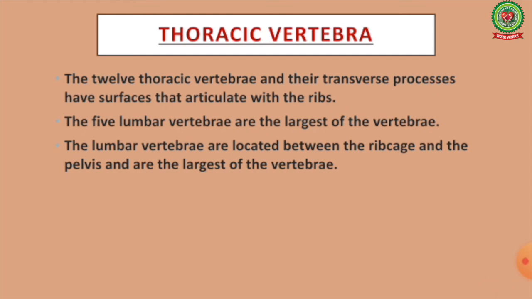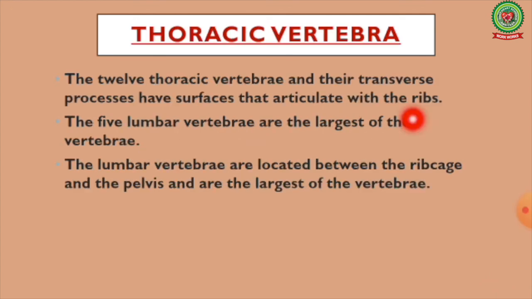Next is the thoracic vertebrae. The 12 thoracic vertebrae have transverse processes with surfaces that articulate with the ribs. The 5 lumbar vertebrae are the largest of the vertebrae, and are located between the rib cage and the pelvis.